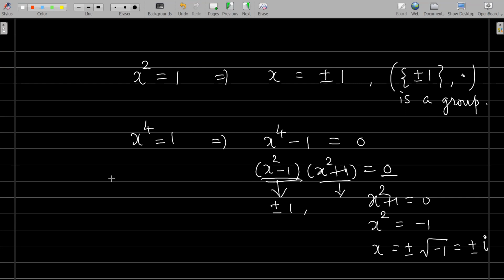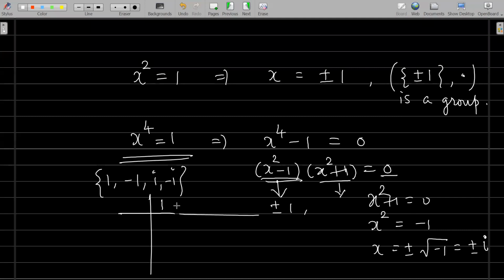So what I get is 4 roots. x raised to 4 equal to 1 has 4 roots: 1, minus 1, i, minus i. And you check the multiplication table. Quickly you can do the multiplications for 1, minus 1, i, minus i, and see that this forms a group under multiplication.